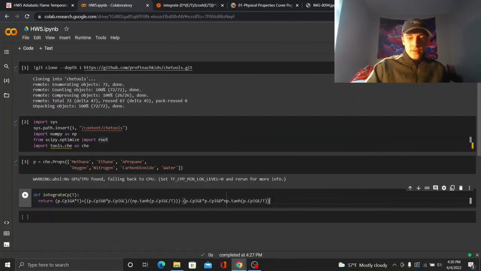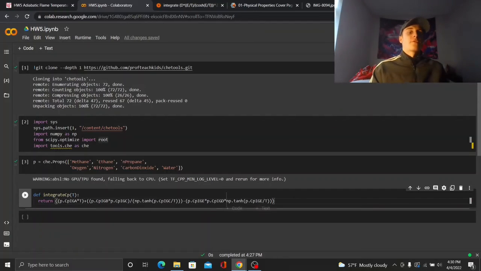And one more thing is that this whole thing is going to be in kilomoles because our CHE tools gives us these constants in kilomoles, so we're going to need to divide the whole thing by 1,000 as well.